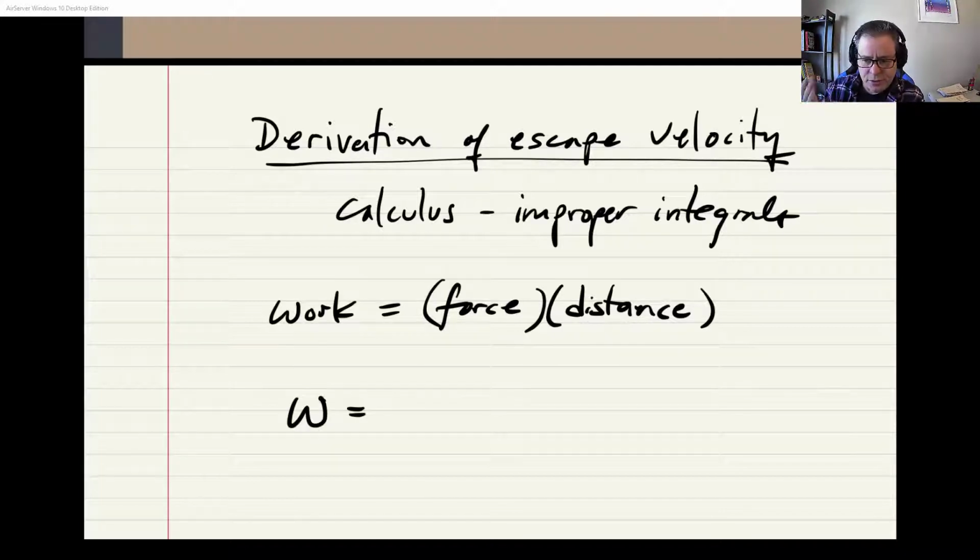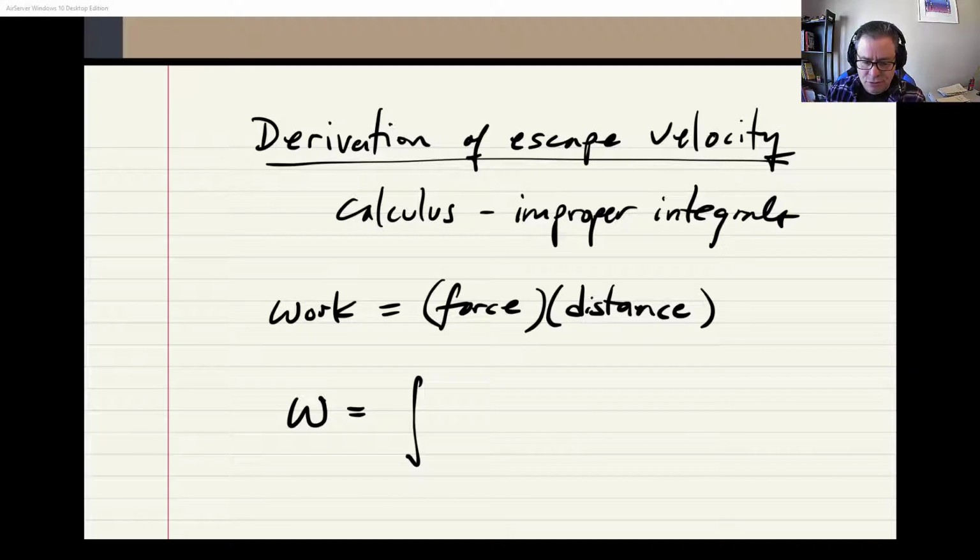So what we'll do is think about the work that the rocket needs to do to escape the gravity of a planet, or the sun, or a moon. We'll look at that work as the summation of the force of gravity multiplied by incremental distances, summed through the entire distance that it would have to travel to escape the gravity field.